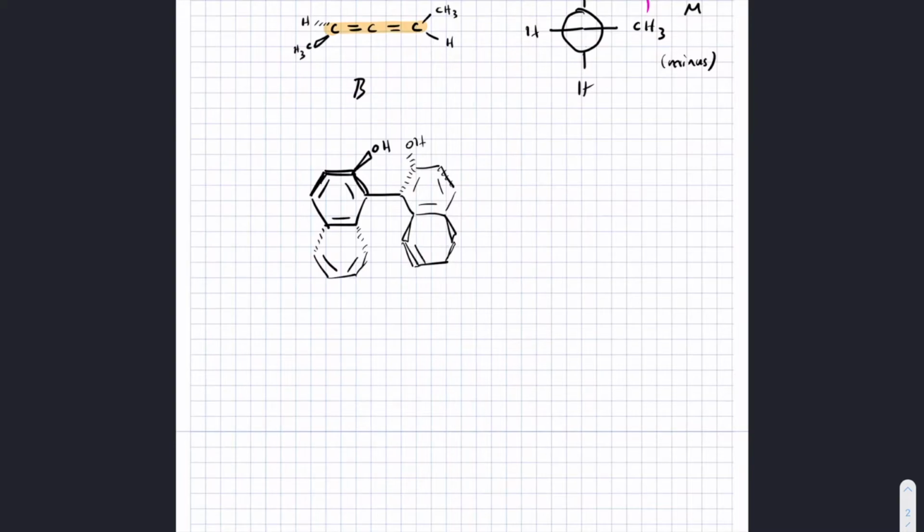I don't know if that makes any sense. Use your thumbs, and the way we've drawn it is kind of like this. This is the bond between those two benzene rings. And the presence of groups on either side restricts freedom of rotation. And because of that, you can actually separate the binol into enantiomers.